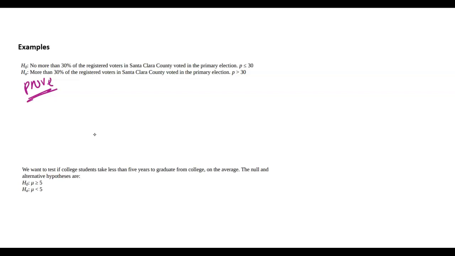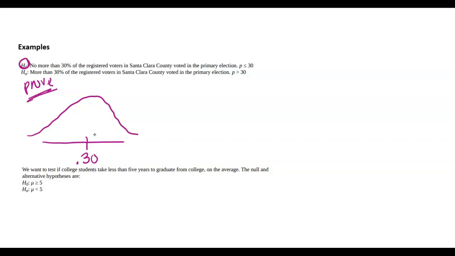So maybe that's something I'm trying to show or prove here. Well, the way in which we're going to do that is you're going to use your H0 for the center of your distribution. And so what you can kind of draw here is that we think 0.30, and those p's there, they should be 0.30 because they're a proportion, okay?